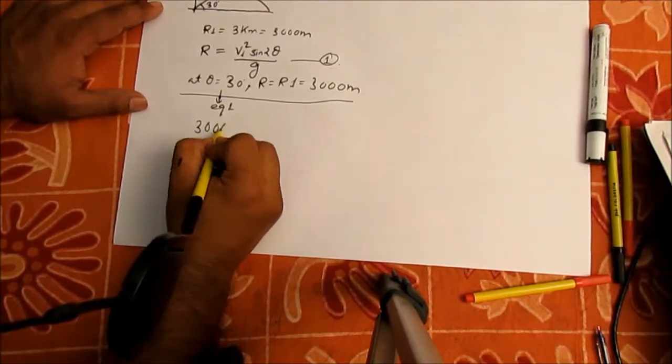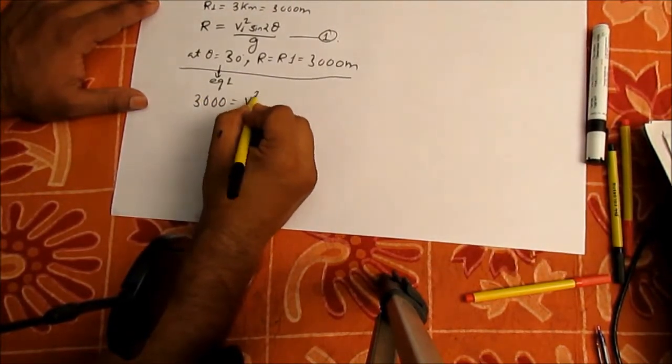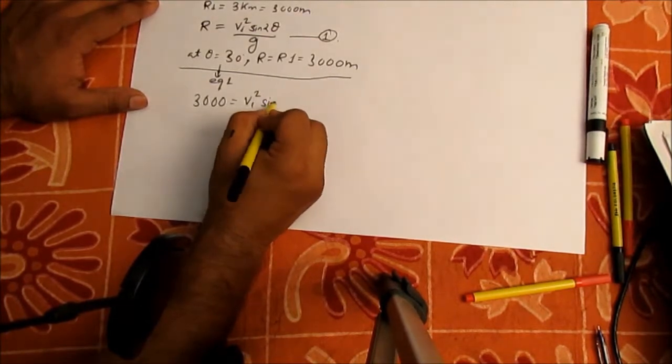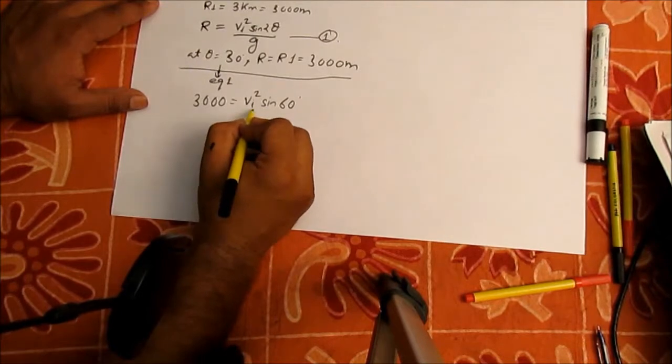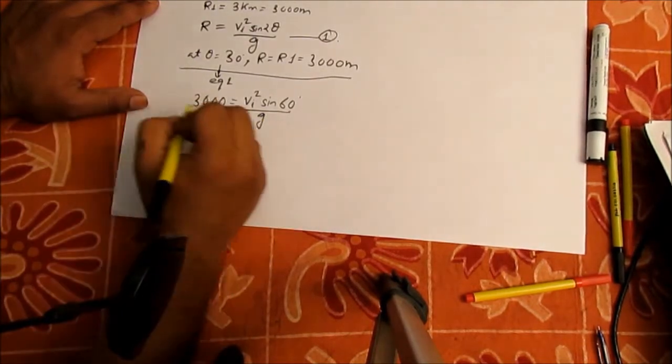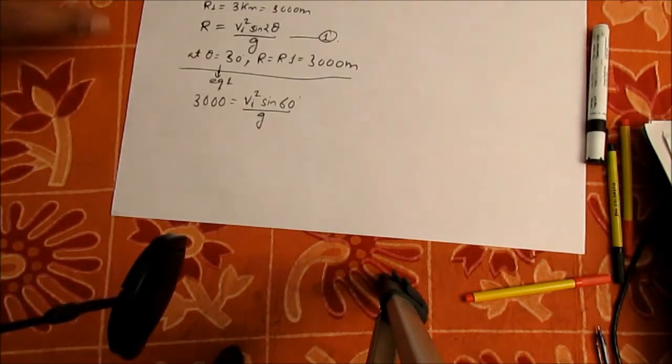So what I will get: 3000 is equal to Vi square sin 2 theta, which is sin 60 degree, divided by g. You know the value of sin 60 degree is root 3 by 2.